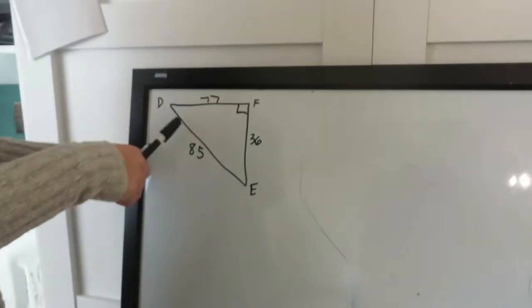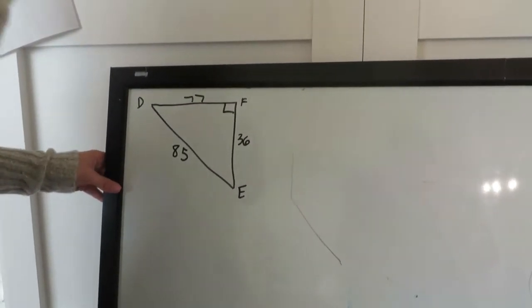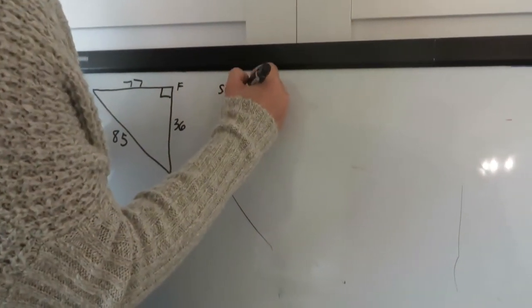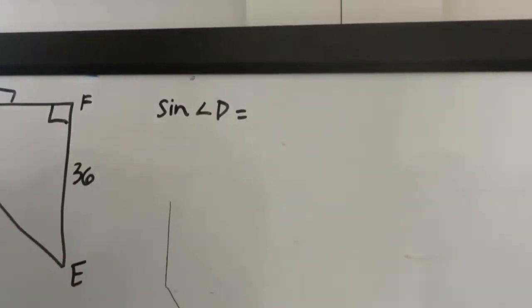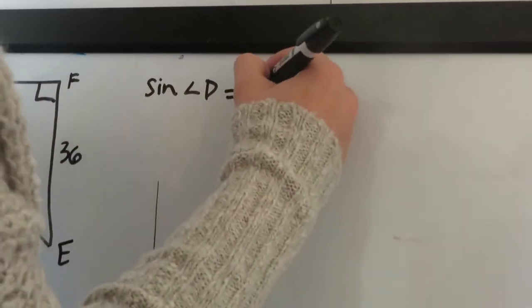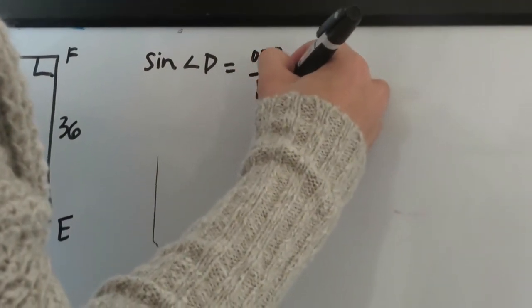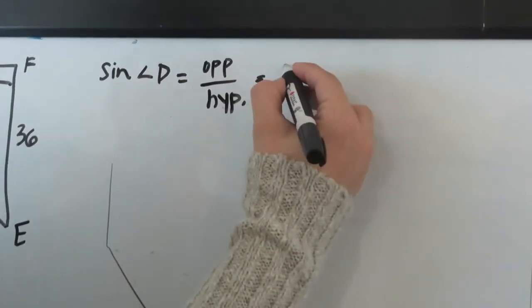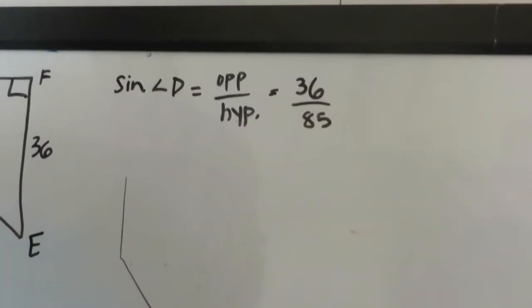So, right triangle, we have to use the SOHCAHTOA definitions. So the sine of angle D equals opposite over hypotenuse, and that's going to be 36 over 85.